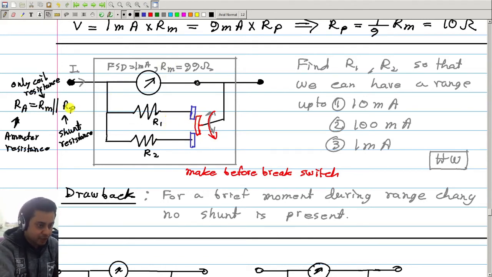Rm parallel Rp will be even lower, so that won't create a problem. That will be helpful. And in fact, if Rm is not small, which is often practically the case, then the parallel resistance will solve the issue.